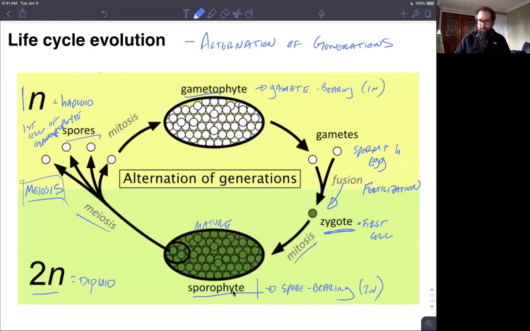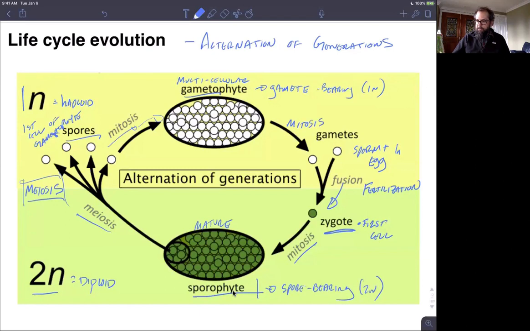Those spores then go out into the world, they germinate, and they undergo mitosis, and they grow into a multicellular gametophyte. And so this is a separate part of the life cycle, where the gamete-bearing part of the life cycle is this multicellular separate organism that actually then produces gametes by mitosis.